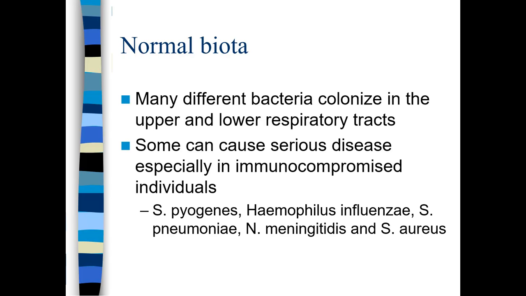Things that you would think normally would be disease causing can cause disease when they're out of check, like Streptococcus pyogenes, Haemophilus influenzae, Streptococcus pneumoniae, Neisseria meningitidis, and Staph aureus. So these are normally there, even Staph aureus in carriers, but when they become out of check, that's when you can become infected.